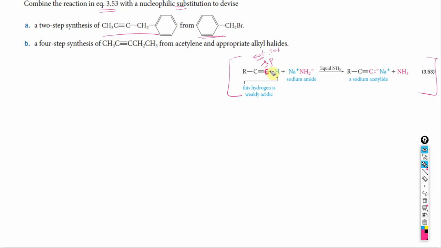That means this carbon has a stronger hold on these two electrons, and therefore even a base like sodamide is able to react with this alkyne and you will lose a proton from this molecule, generating an anion which is unusually stable because you have a greater amount of s character on that carbon.